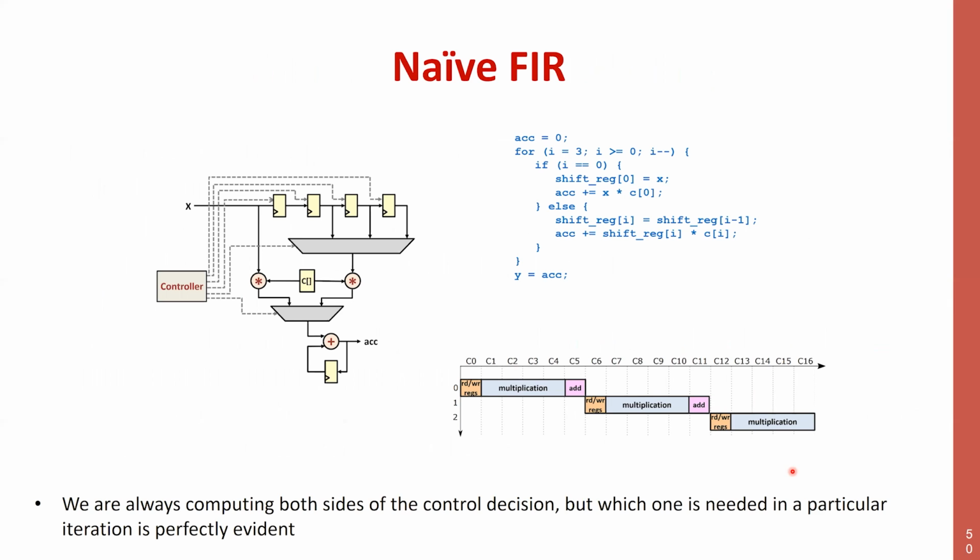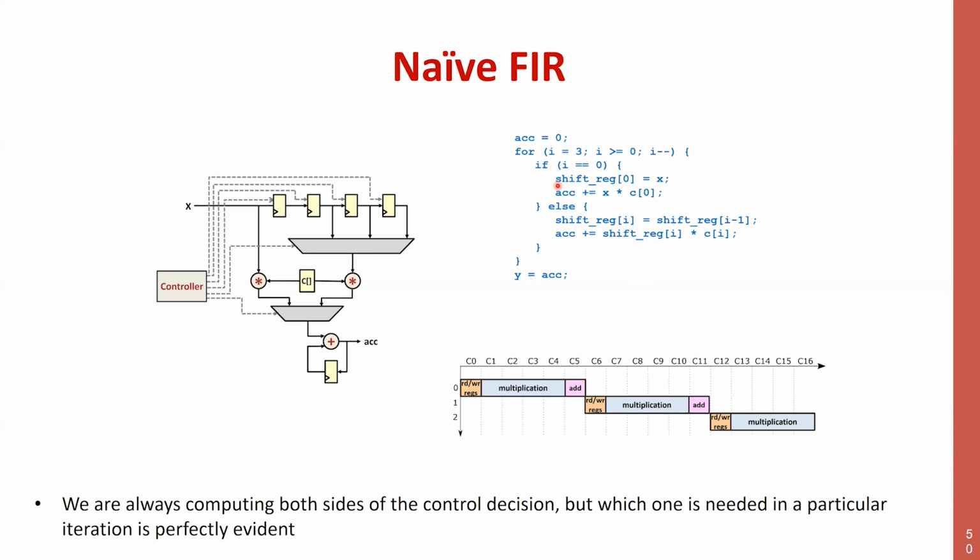So let's try to improve, right? Let's go back exactly where we were, unhappy because of this result. One of the first things we can observe is that, although there is this control decision, we know exactly what happens: three times we do this, and once we do this at the end.